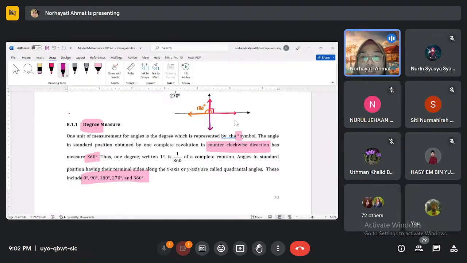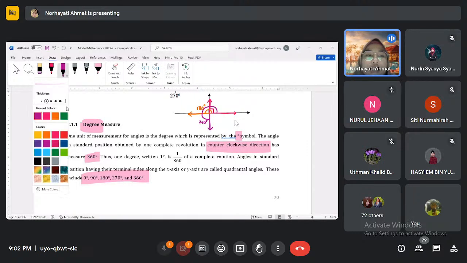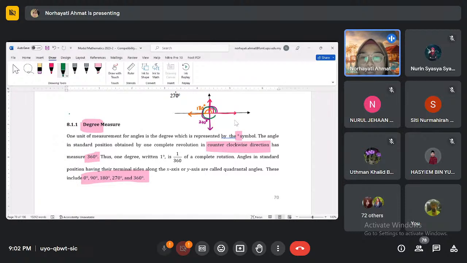Alright, so this is the angle from 0 to 270. Okay, this is 270 degree. And the last one, if we have a complete rotation, so the angle is 360 degree. Okay, so this is very basic. Saya tak terangkan pun tak apa sebab awak dah tahu. Just untuk introduction sahaja. Okay, complete rotation is 360 degree.